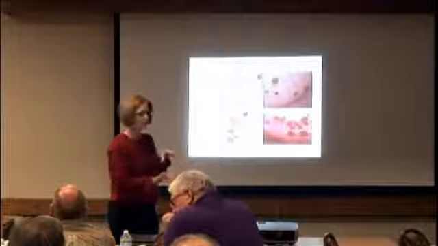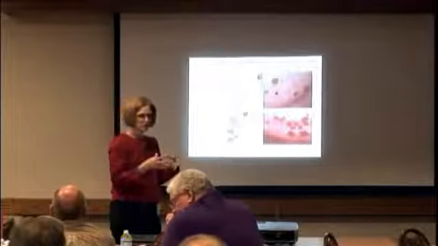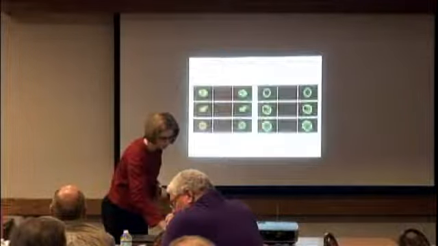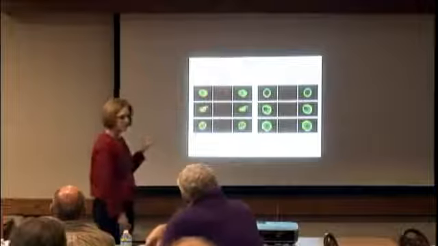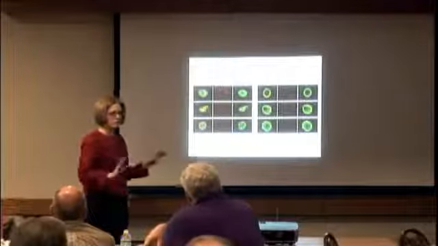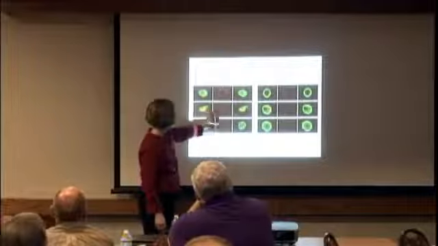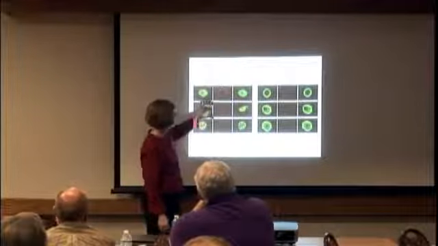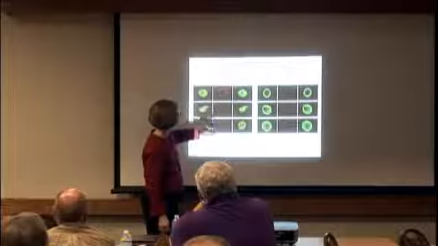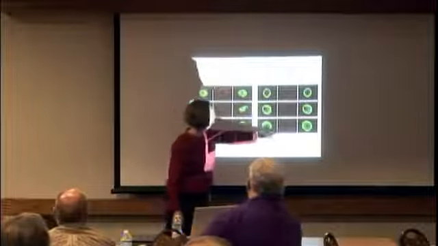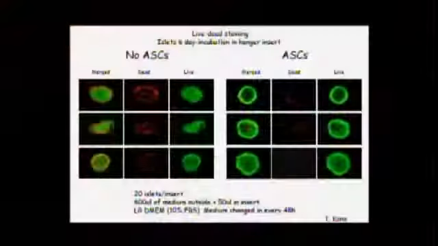So we think the ASCs are supplying a number of factors to help the islets survive. This is just that same concept illustrated with some red-green dyes, red being dead, green being live. You see a lot more red when you don't have the ASCs, and you see less red when you do.